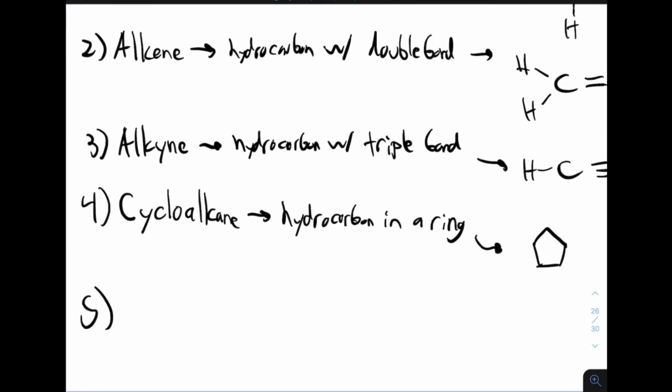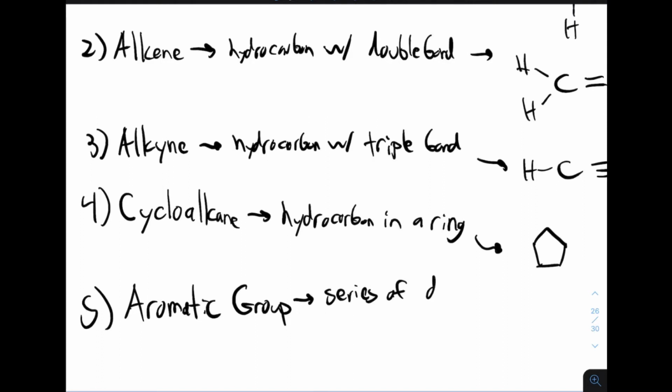So there's one last one in the hydrocarbons I'd like to talk about, and that is an aromatic group, or you can just call it aromatic. Kind of similar to the hydrocarbon example, this is a series of double bonds in a ring.